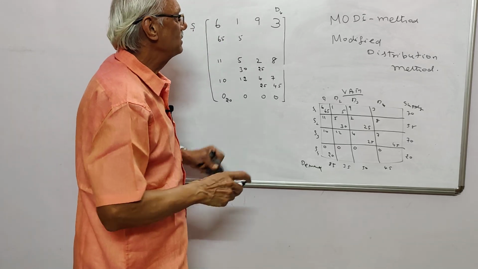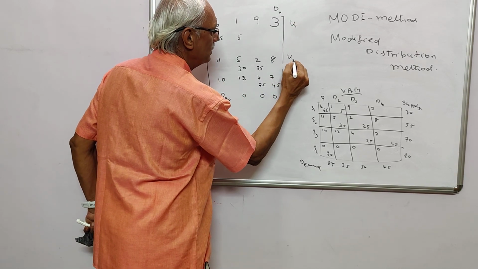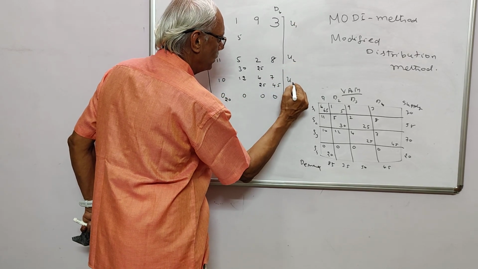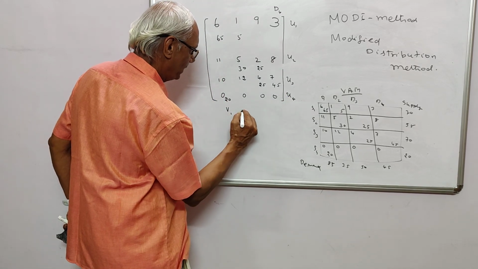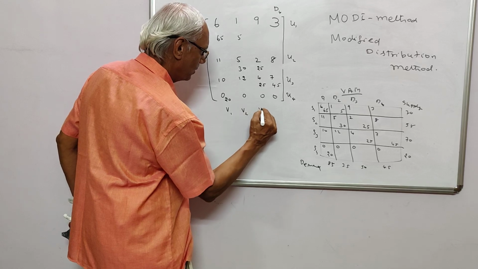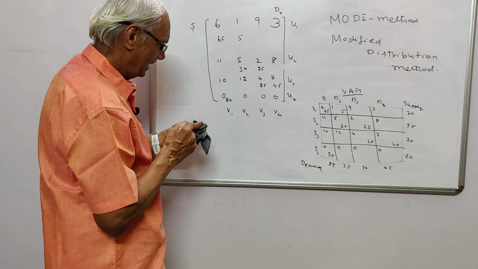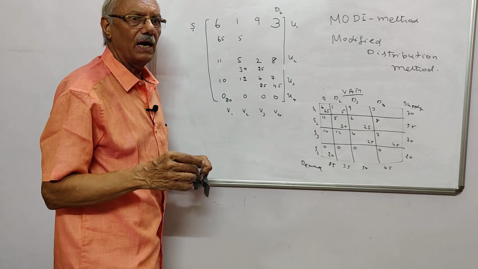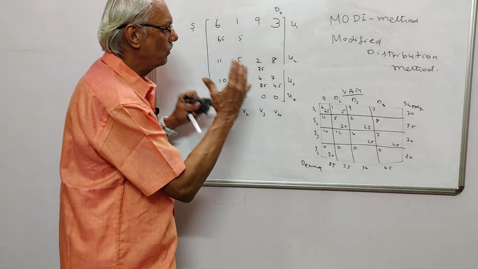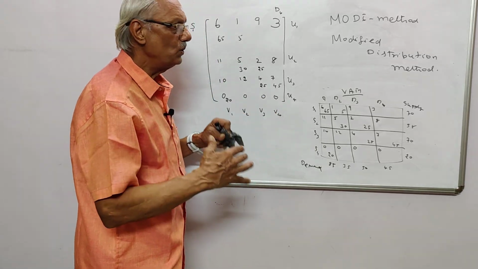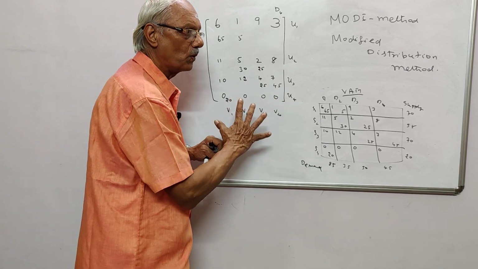Now you see, call this U1, call this U2, call this U3, call this U4. Likewise V1, V2, V3, V4. So call them like this. I am assuming that you know something about the transportation problem and can follow whatever I say connected with the problem.